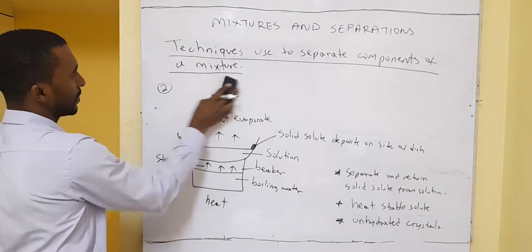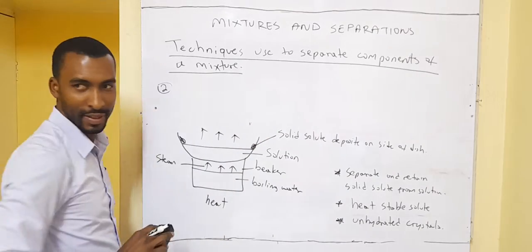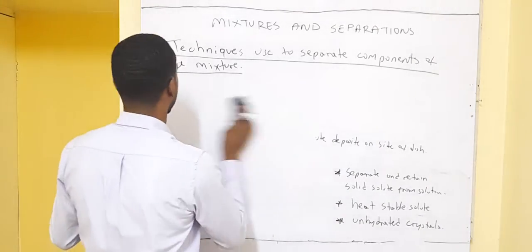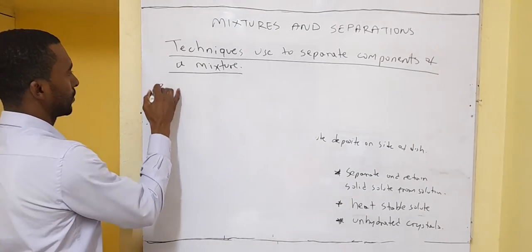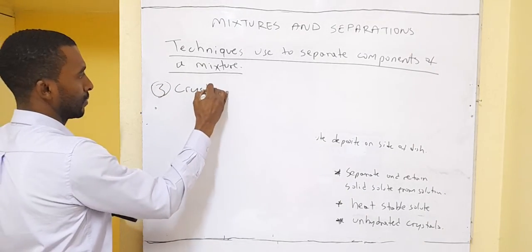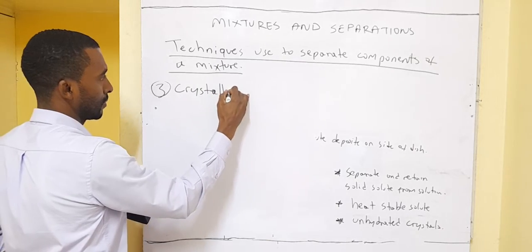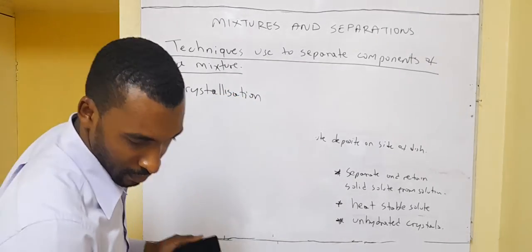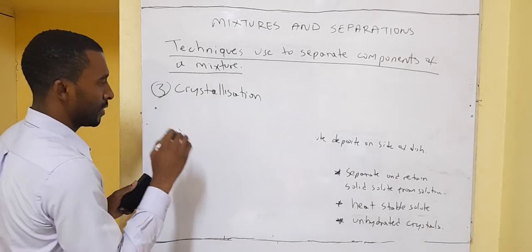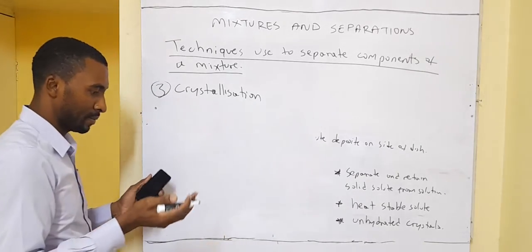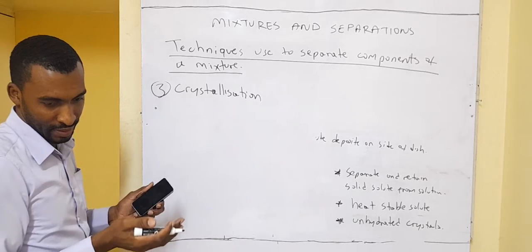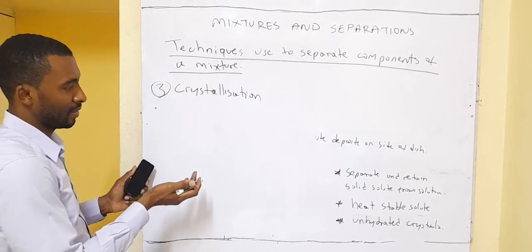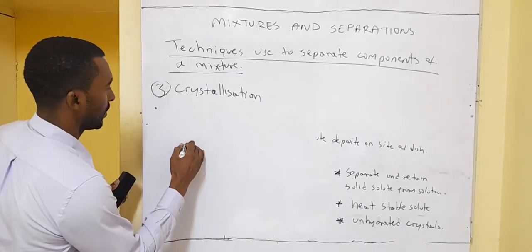The third one is crystallization. Can you erase this, right? So instead of putting the dish, round bottom dish and a beaker of boiling water, we just leave it on the bench at room temperature.